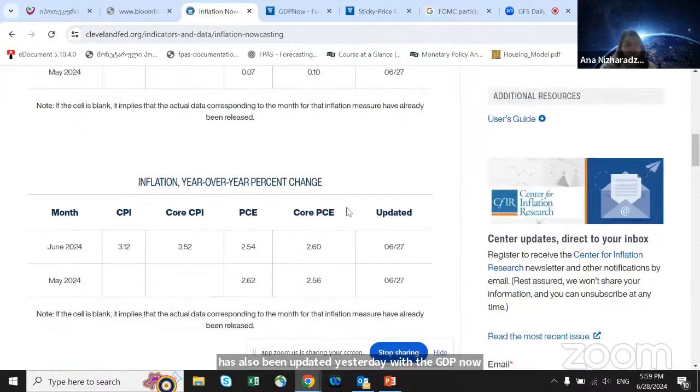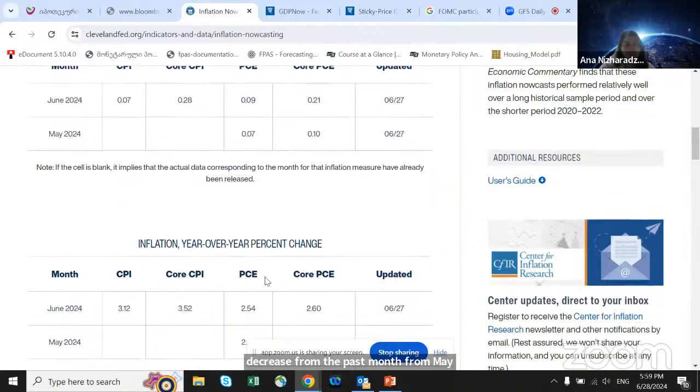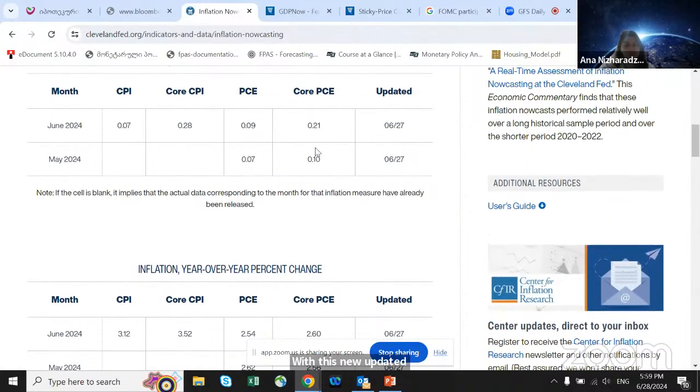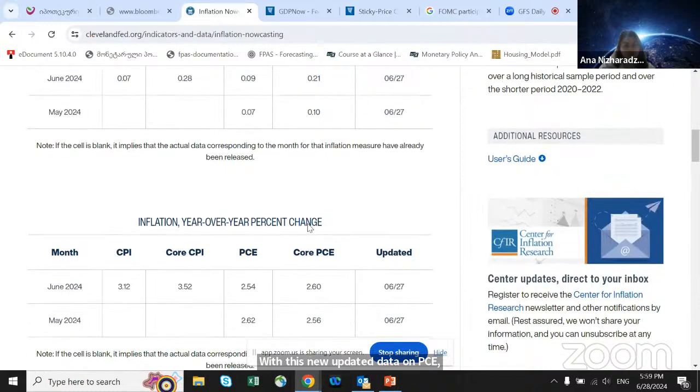And in the year over year change, we also see a little increase in core PCE. However, for the PCE, we are observing a little decrease from the past month, May.